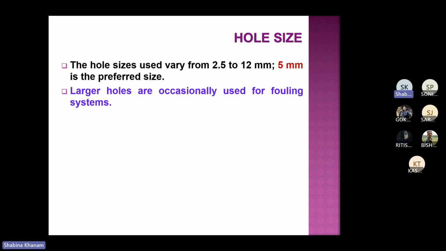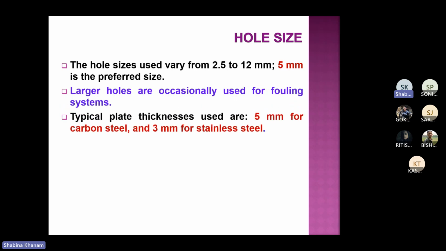However, when we consider the hole size, we need to be cautious whether the fluid has fouling tendency or not. If it has, we need to choose a larger hole diameter. Further, typical plate thicknesses used are 5 mm for carbon steel and 3 mm for stainless steel.